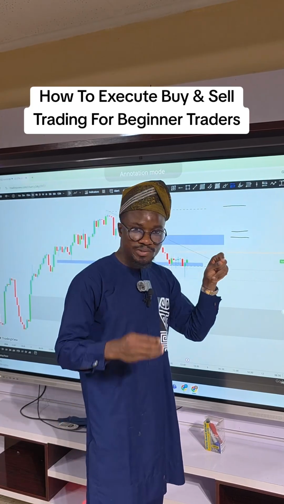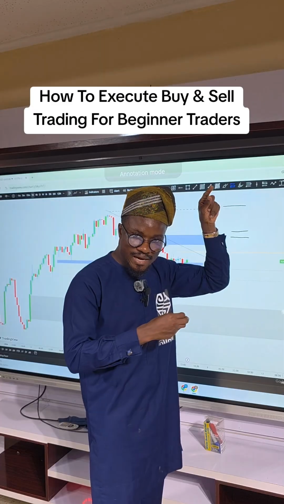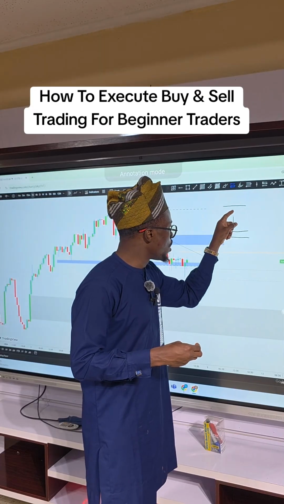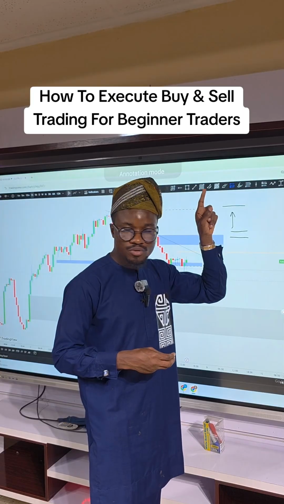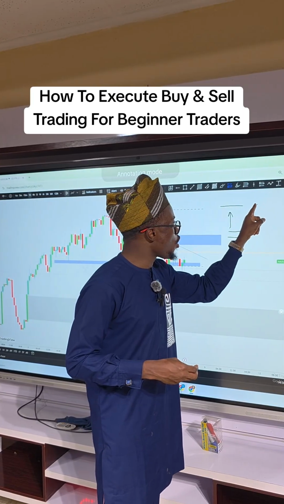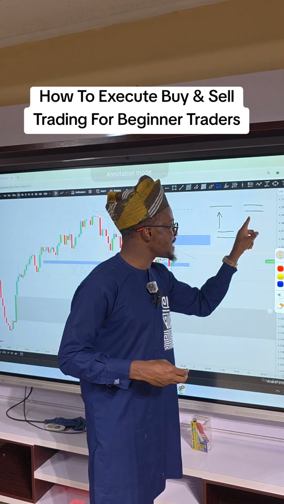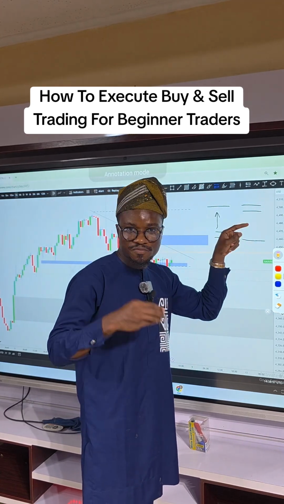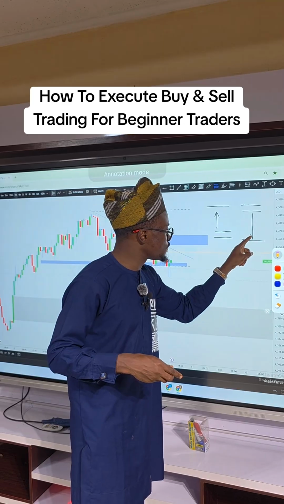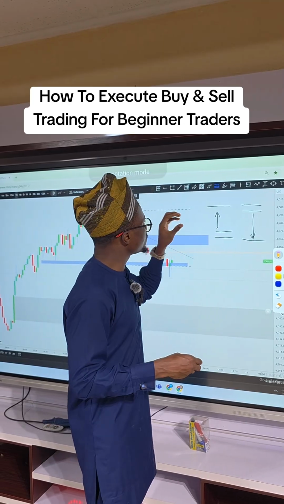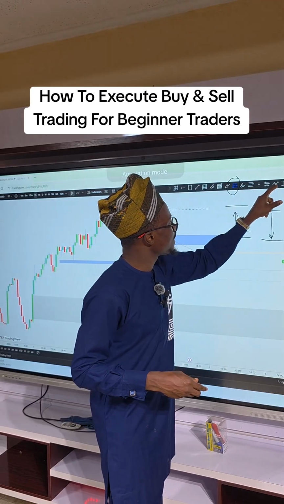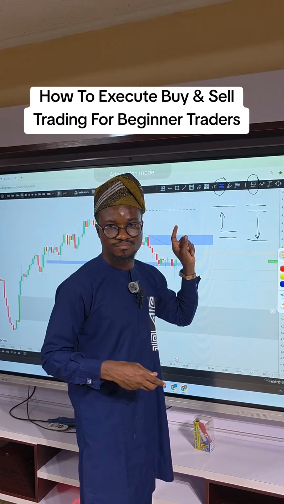That means your stop loss should be lesser, your take profit should be wider. This is for long to go up. And for the short, your horizontal line at the top will be closer and the TP line will be far away. This is for short. Now this is what you look out for right here and here.